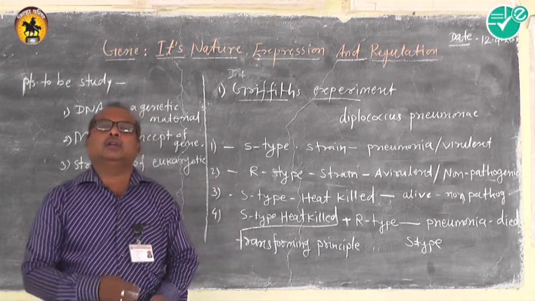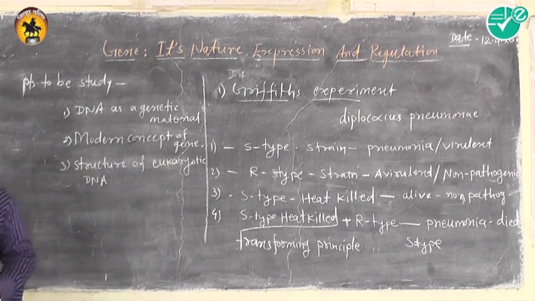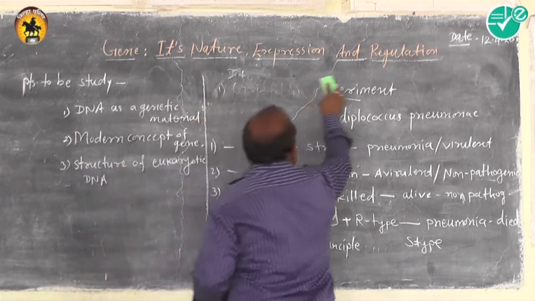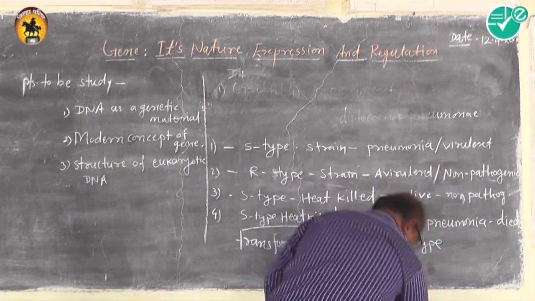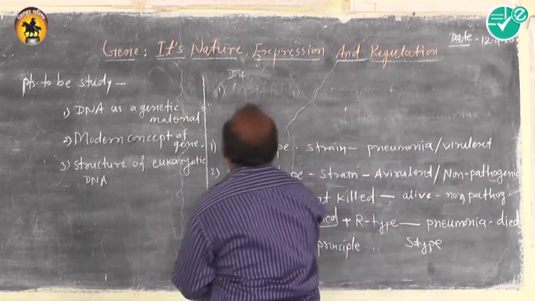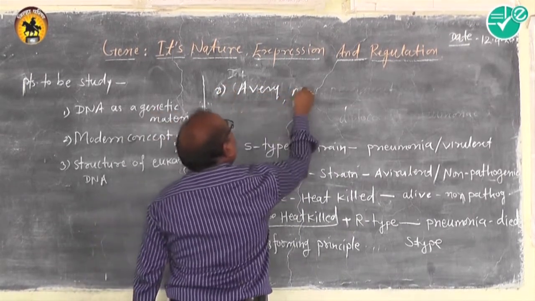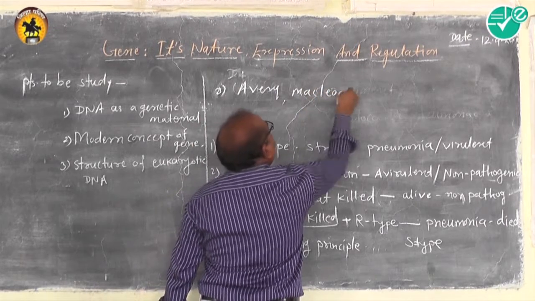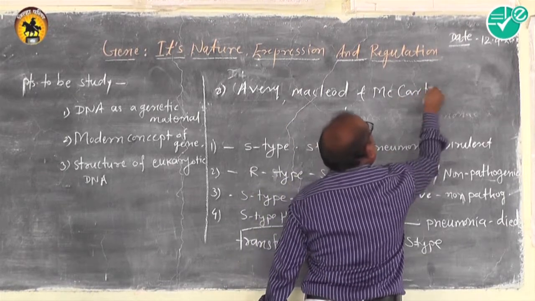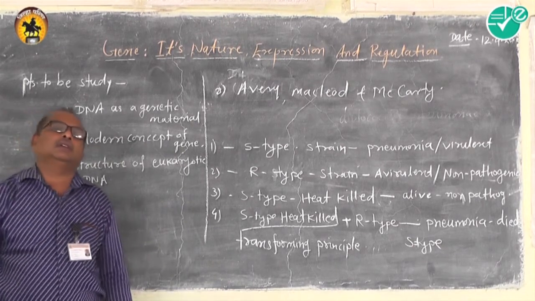In support of Griffith's experiment, another experiment was made by three scientists: Avery, MacLeod and McCarty.